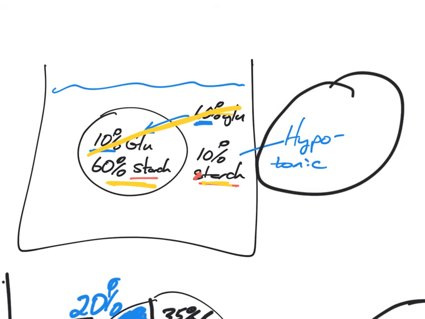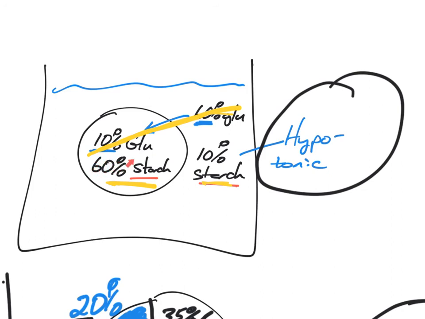What solute am I talking about? The one that doesn't move, when I'm talking about osmosis. Because the one that does move will move. I don't have to worry about that one; it's going to sort itself out. Which one is the one that doesn't move? It's starch. And where is starch the highest?